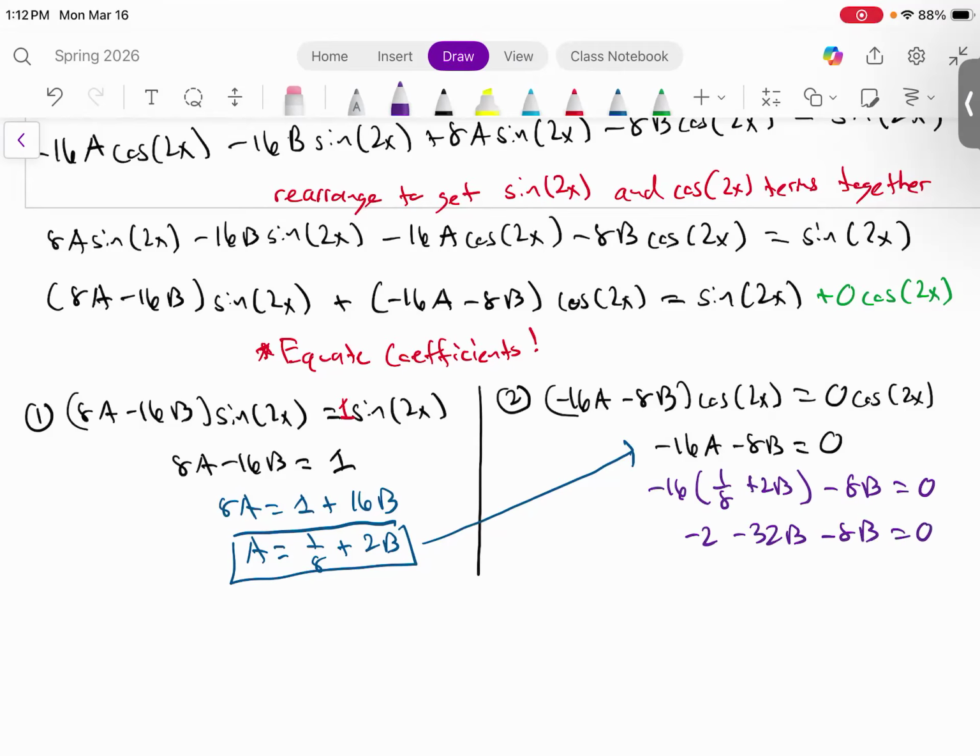And this becomes negative 2 minus 40b equals 0. And if I add 40b to the other side, negative 2 equals 40b. So b would be negative 2 over 40, which ends up being just negative 1 over 20.